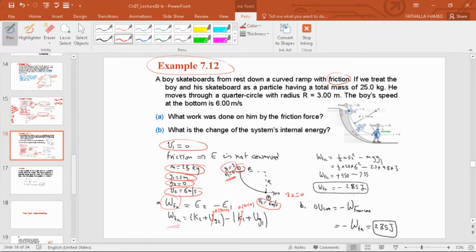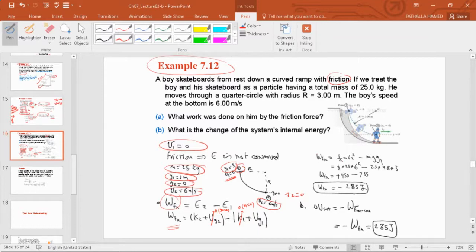So the work done by friction will equal E2, which is K2 plus U2, and I only have gravitational potential energy here, minus E1, which is K1 plus U1. But K1 is equal to 0 because V1 is equal to 0, and U2 is equal to 0 because you set Y2 equal to 0.